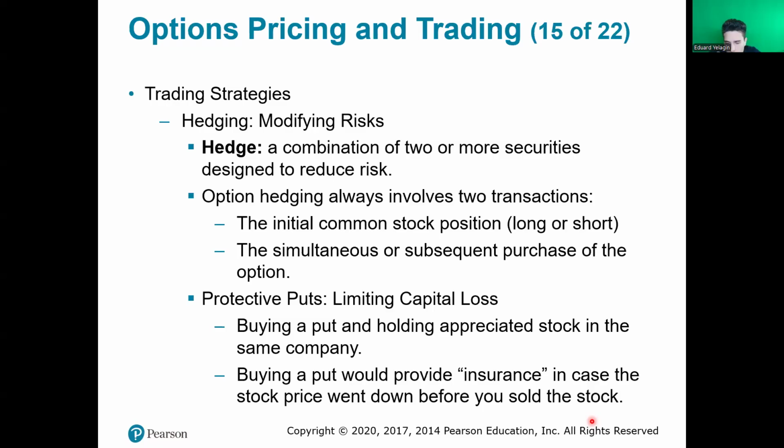If the stock price drops, then we will exercise our put and lose nothing except the option premium. On the other hand, if the stock price increases in value, then we will capture all of the benefits. So in this sense, the protective put serves as an insurance, so to speak. And insurance is not free. You have to pay the premium for that.